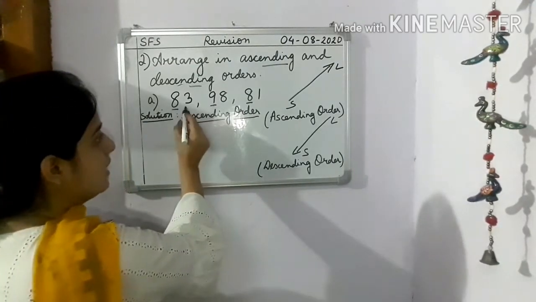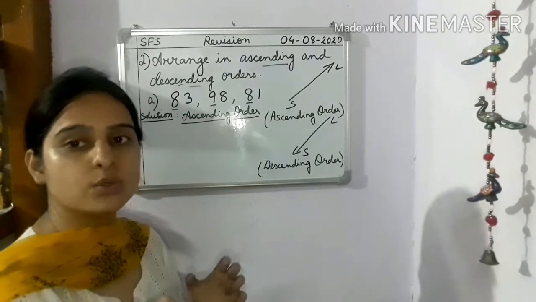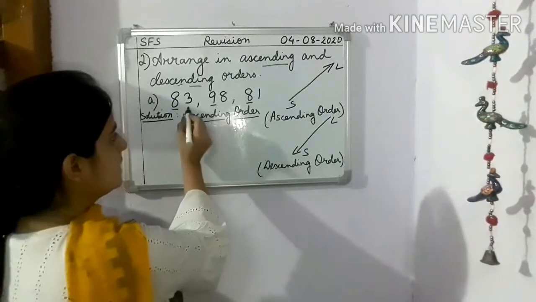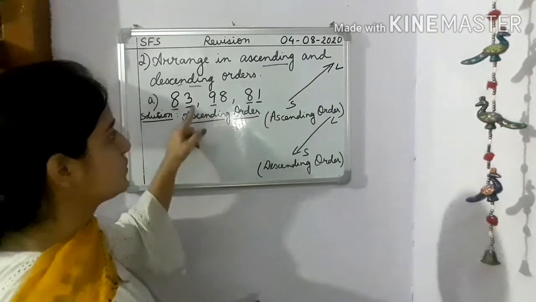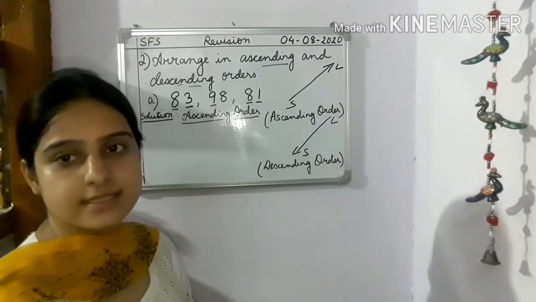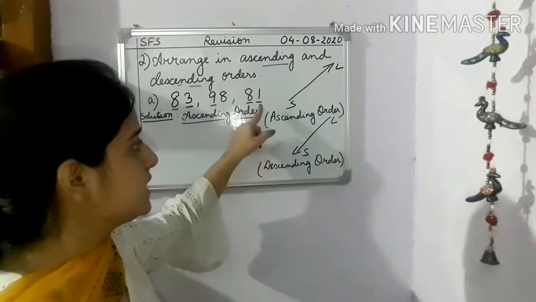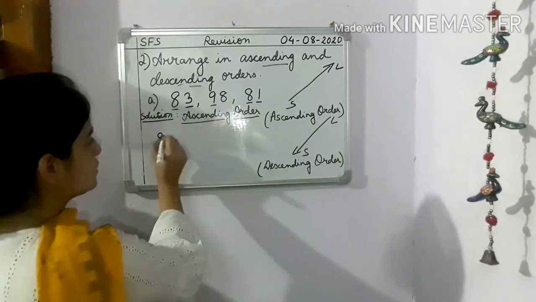Now among 83 and 81, which is the smallest, children, how to identify? Now we will see the digit in the ones place. Here it is 3, here it is 1. So between 3 and 1, 1 is the smallest. So 81 is the smallest number. 81 comes first, children.